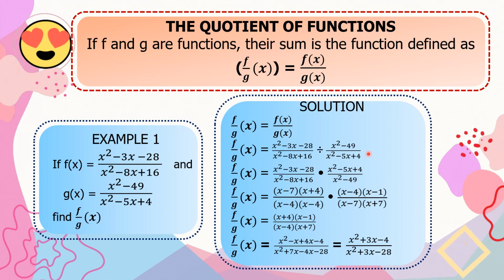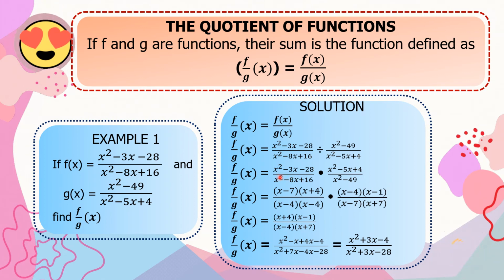Then the reciprocal of this is x squared minus 5x plus 4 over x squared minus 49. We just flipped it: the numerator goes to the denominator, and the denominator goes to the numerator. Now, to simplify this further, we first need to get the factors of each numerator and denominator since they are quadratic, and maybe we can cancel out a common factor. It will make our multiplication easier.